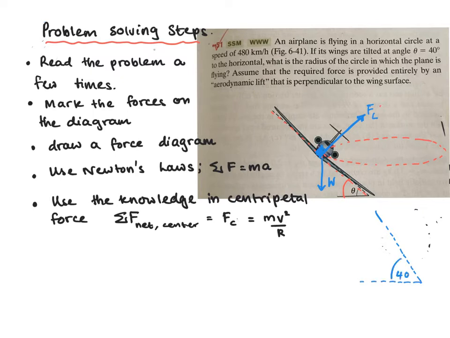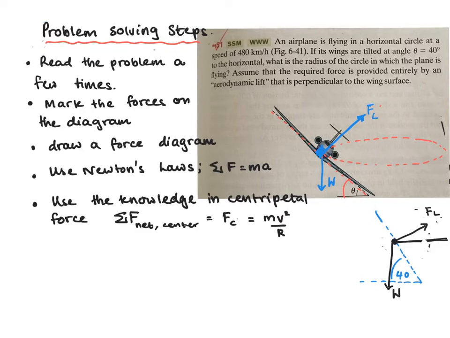That's okay. And then, as always, I like to make the object a little dot, and then here you have the weight pointed downward, and then you have the lifting force FL, and the radial direction would be like this. Actually, I don't want to draw it in that form.